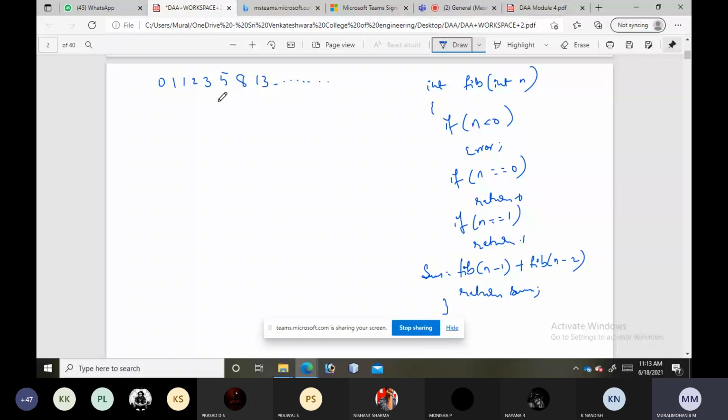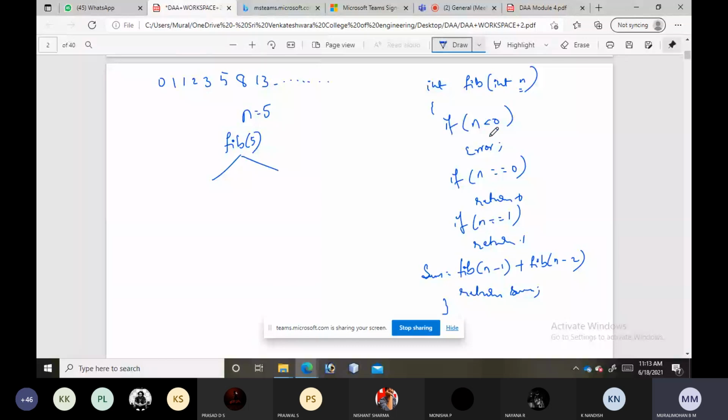Now let us write a tree for this particular algorithm. Let us take the n value as 5. So it is fib of 5. How is it solved? Is n equal to 0? No. Is n less than 0?